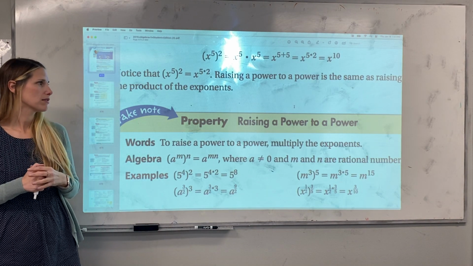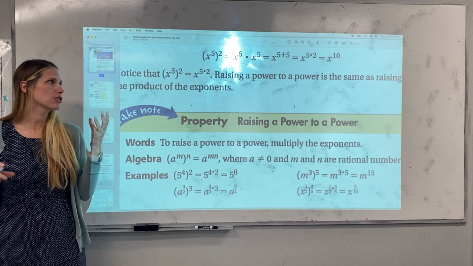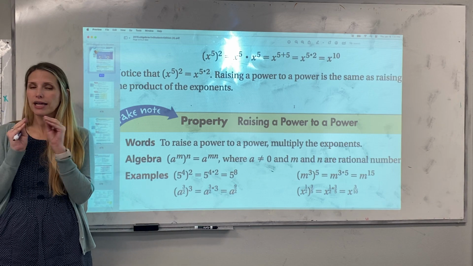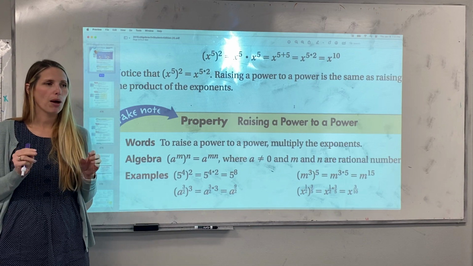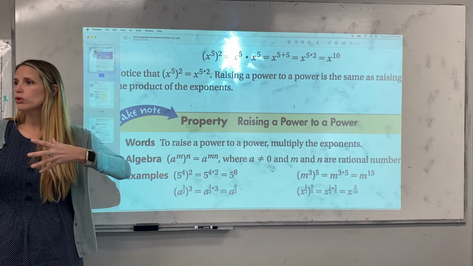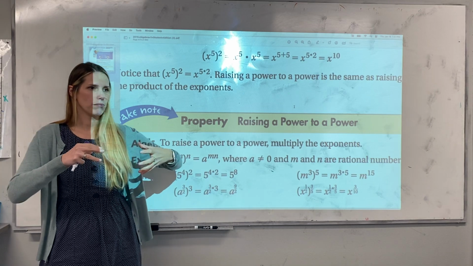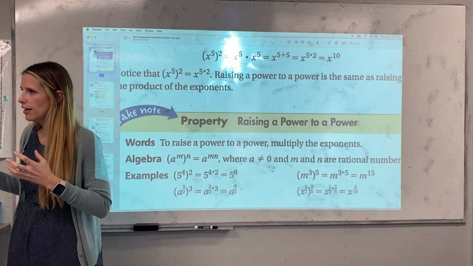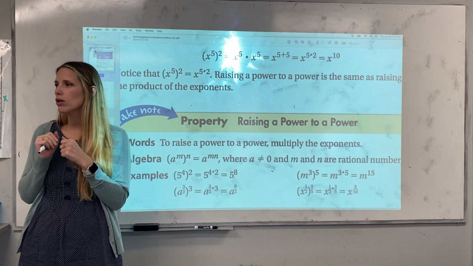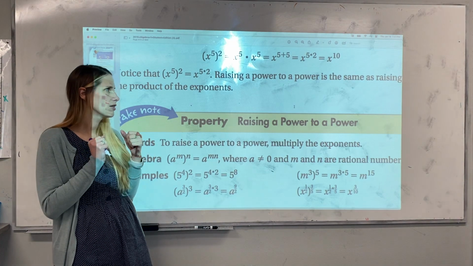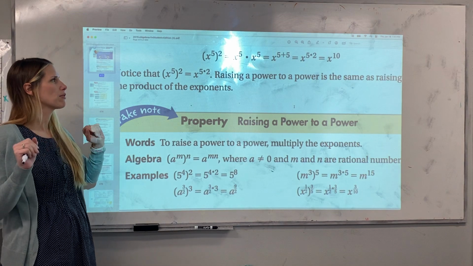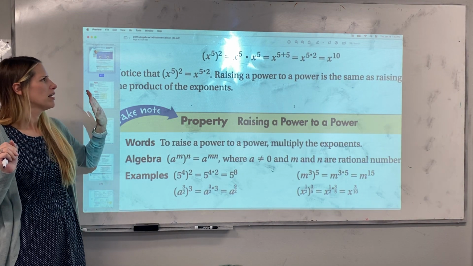Just like all the other lessons, they're going to start out pretty basic, then they're going to get super ugly. But I promise that you have this whole toolbox of exponent property tricks, and we're just going to use all of the tools in that toolbox, and we're going to do it.